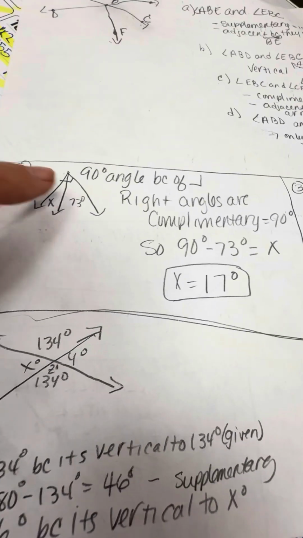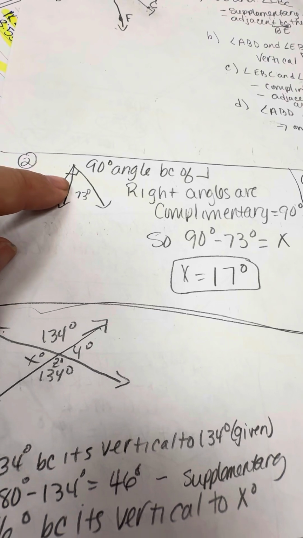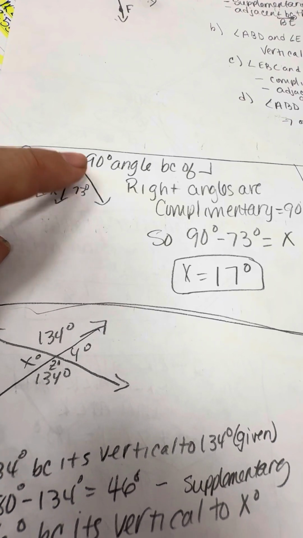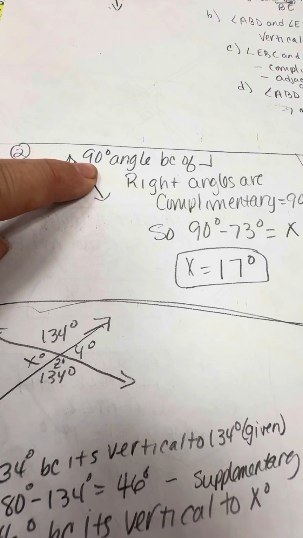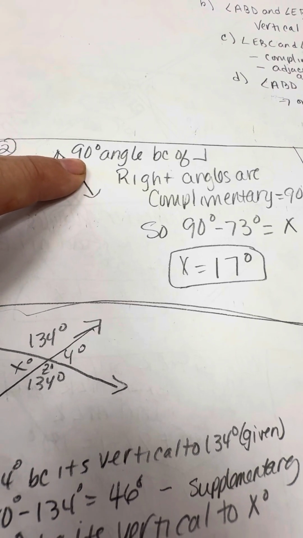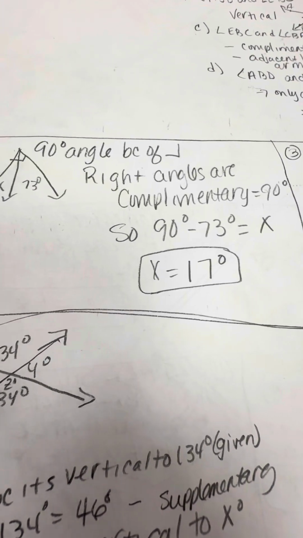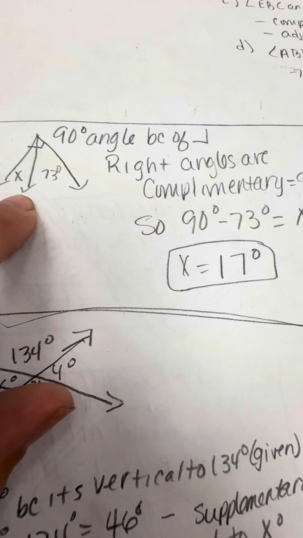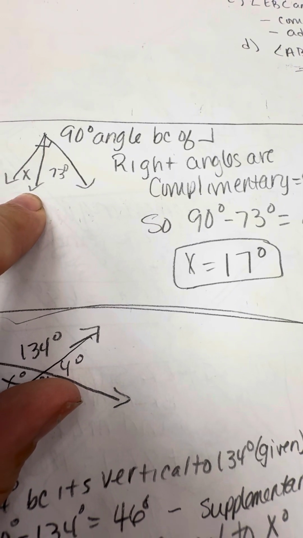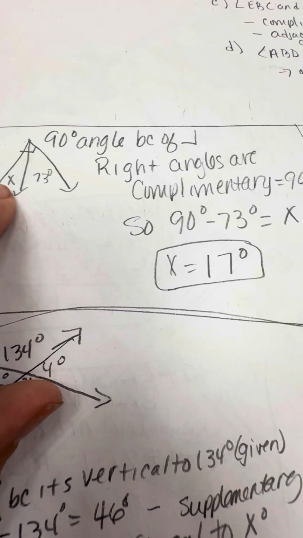All right, and number 2. This is a 90-degree angle, and that's shown to us by the box on the graph. Whenever you see that box, that means that is a 90-degree angle. Right angles are complementary angles, and they are 90 degrees. So if this entire thing has to equal 90 degrees, how do I find this?